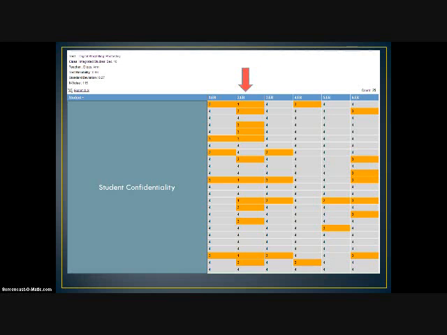The first thing that jumps out to me is Category 2. When looking at this vertically, you can notice all of the orange bars in this category. So immediately, without really studying this completely, what jumps out to me is that Category 2 needs to be an area of focus.